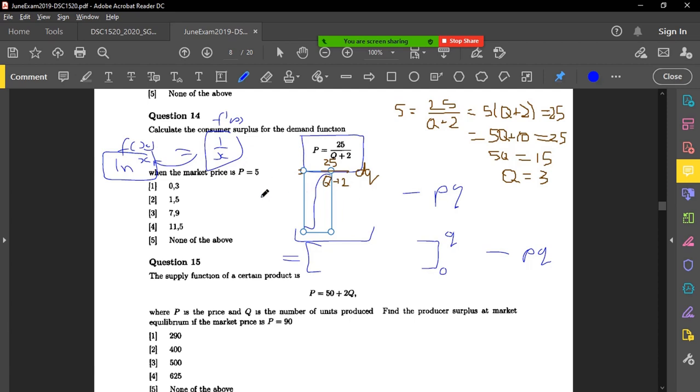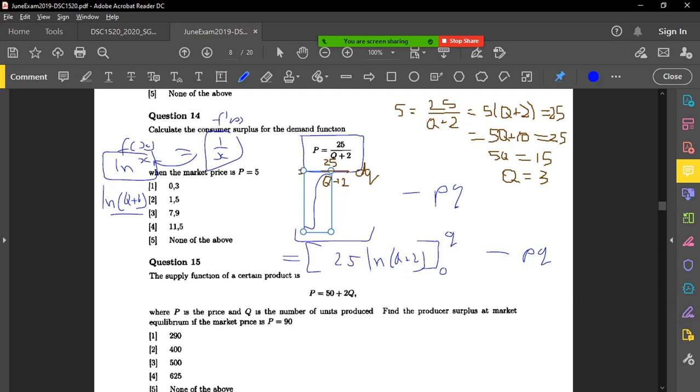So I'll have ln Q plus 2. Does that make sense? Yes. Okay, so this 25 over Q plus 2 would be 25 ln Q plus 2. There's the integration.